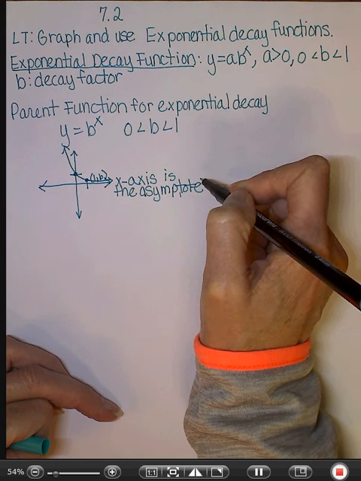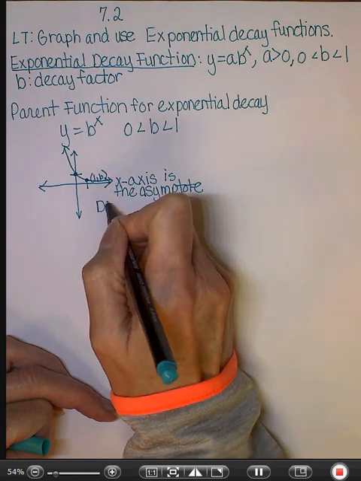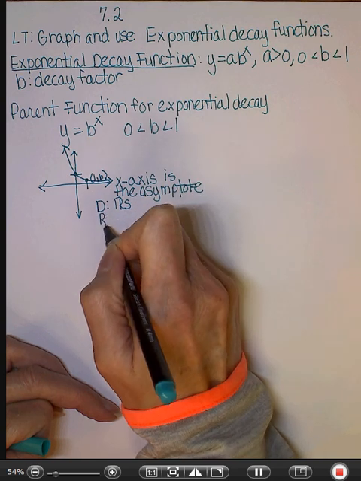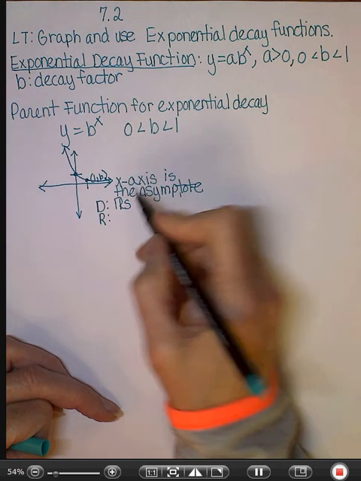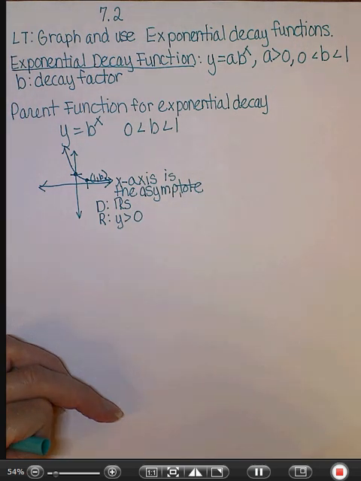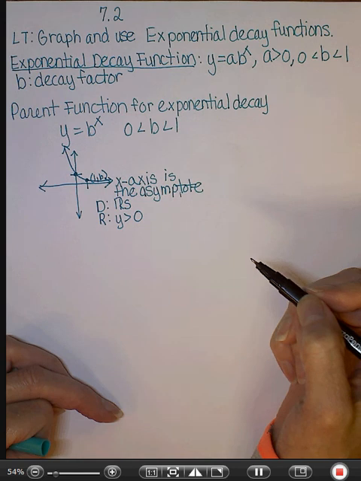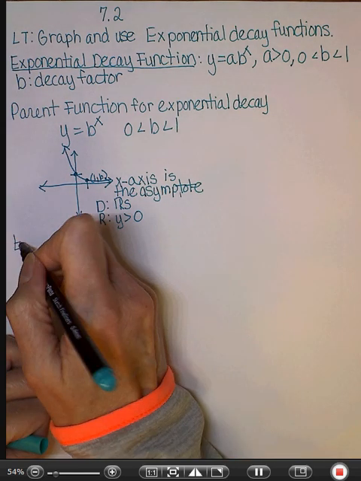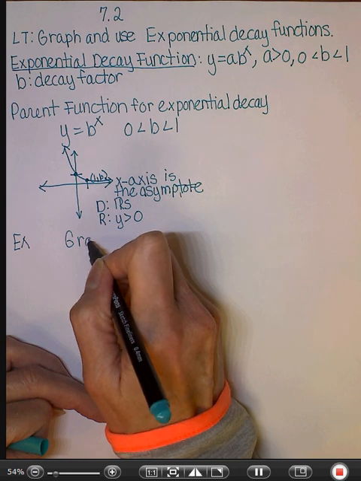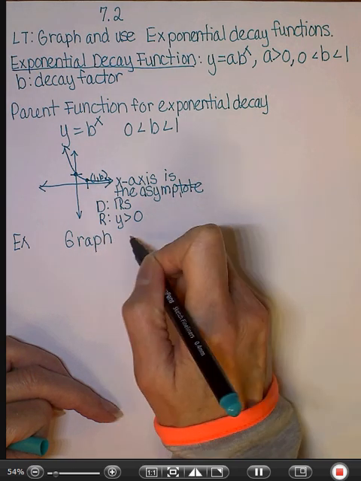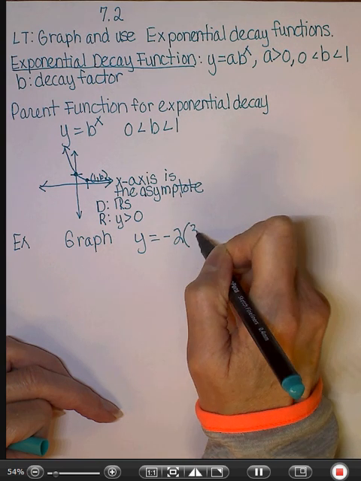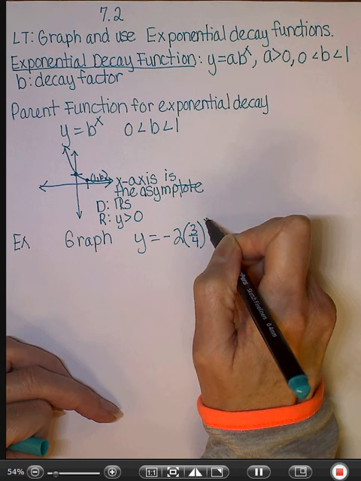Okay. Our domain for all these exponential functions is all reals. And the range on this one, our y values are greater than 0. Can't have the equal sign on it though. Okay, so let's do an example of a graph. We're going to graph y equals -2 times 3/4 raised to the x power.